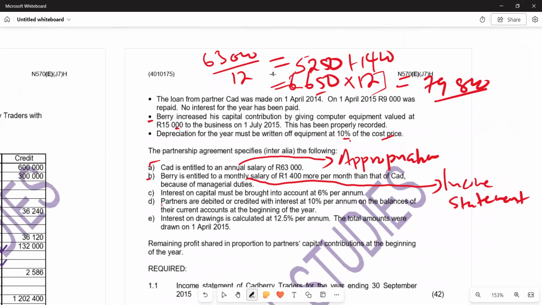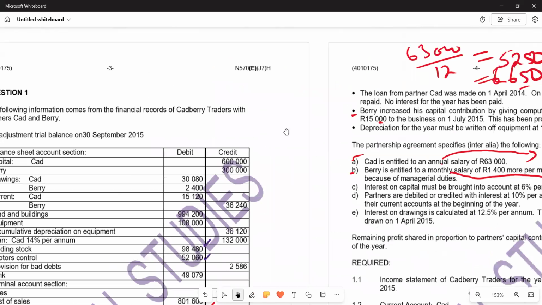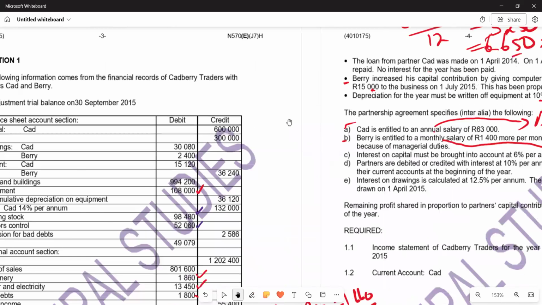So when we see the statement properly recorded, it means this figure is already in the figures that are in the trial balance. So let's go to the trial balance and take the figure that we have there for equipment. For equipment, here we have got 108,000. So it means inside this 108,000, there's 15,000 that came during the year.